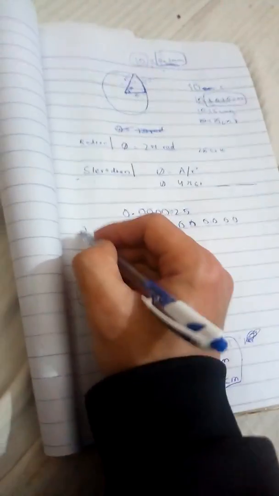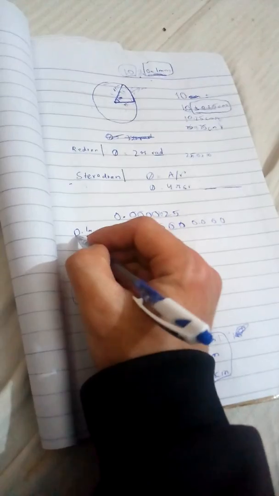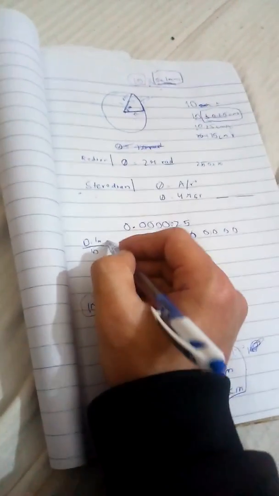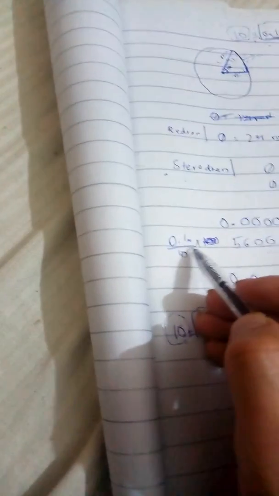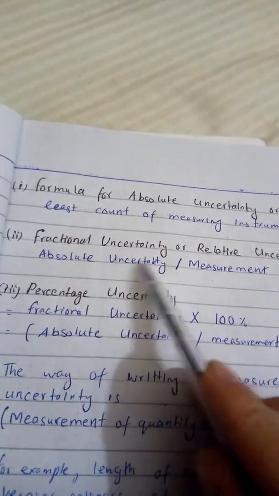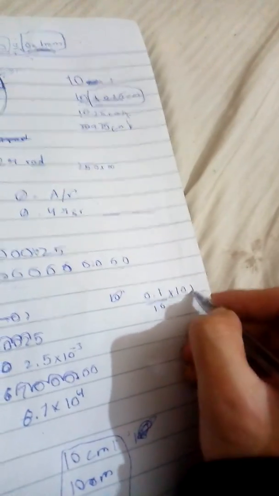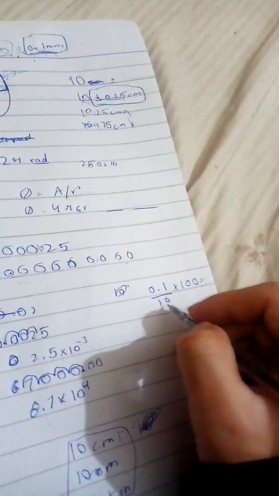For example, 0.1 millimeter, so 0.1 divided by 10 is the fractional uncertainty. And if we multiply that result with 100, it will be the percentage uncertainty.